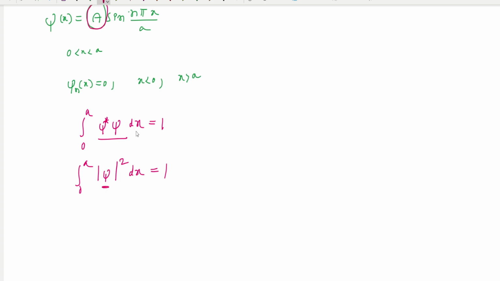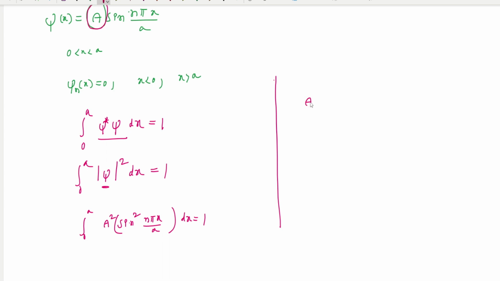So integral 0 to a, A squared sine squared n pi x divided by a into dx equal to 1. If you clearly observe here, the sine square is there.